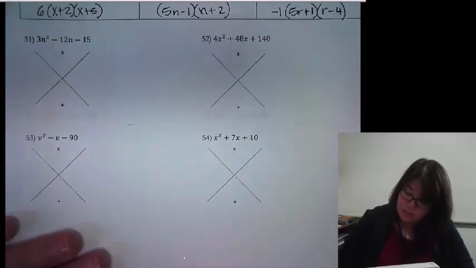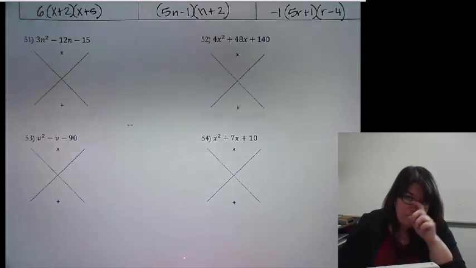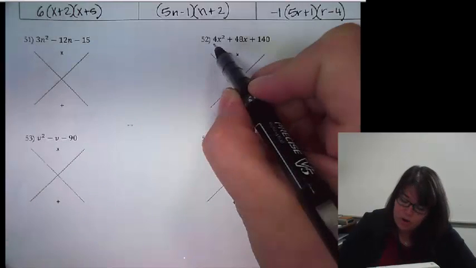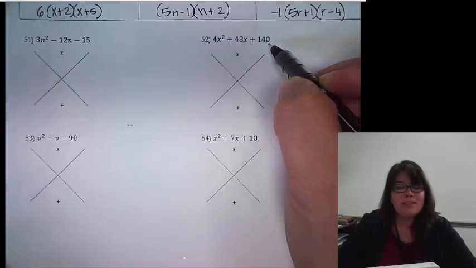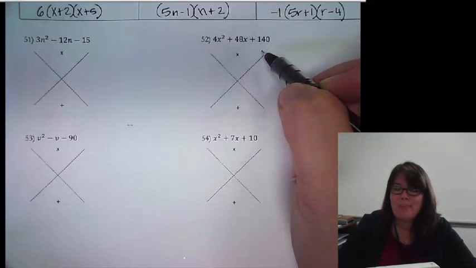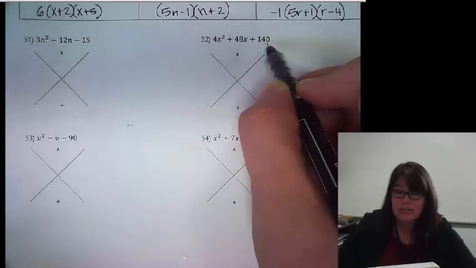Notice that with number 52, the first thing that we're going to do is pull out a greatest common factor. And if I look here, 4, 48, 140, these numbers are huge. Now, that's not bad, but I probably have a greatest common factor, especially if this constant number is a really big number.